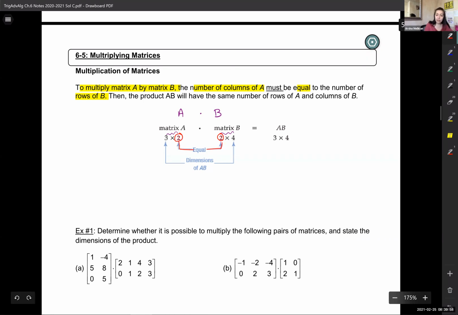If the inner numbers are equal to each other, then you can multiply them, okay? And once you've established that yes, you can multiply the matrices, the resulting matrix will have dimensions 3 by 4. These will be the dimensions of AB, okay?